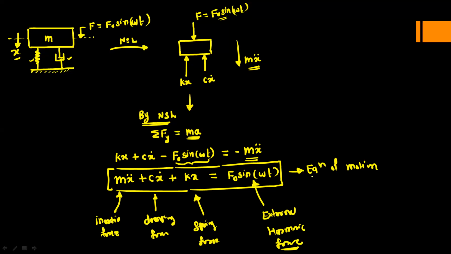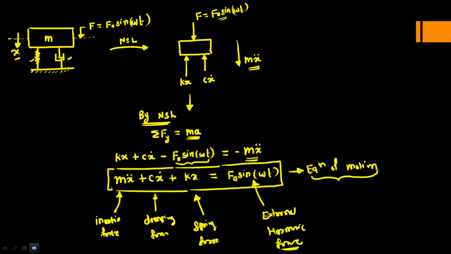Okay, so after this equation of motion, we will try to find out the equation of the displacement. Okay, so we will use the D operator method to find out the equation of displacement. So we should find out the equation of the displacement, which is x.